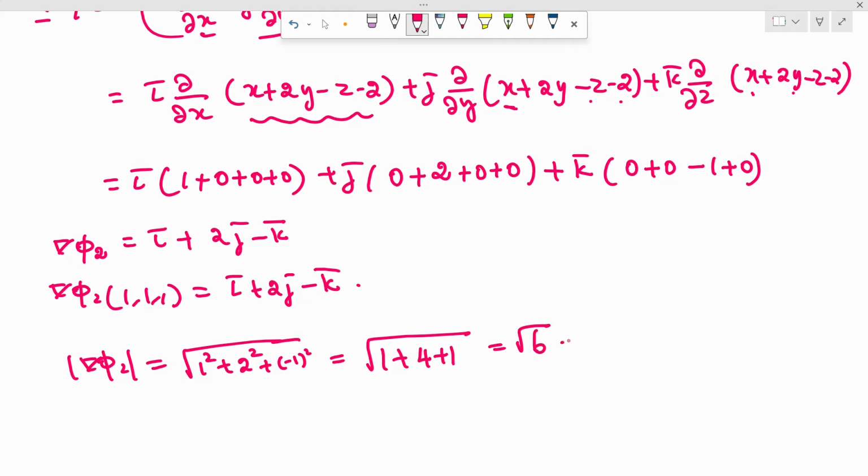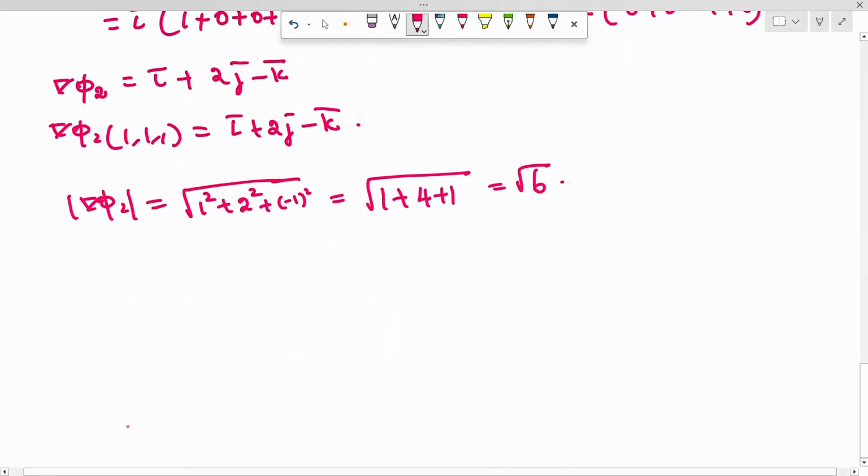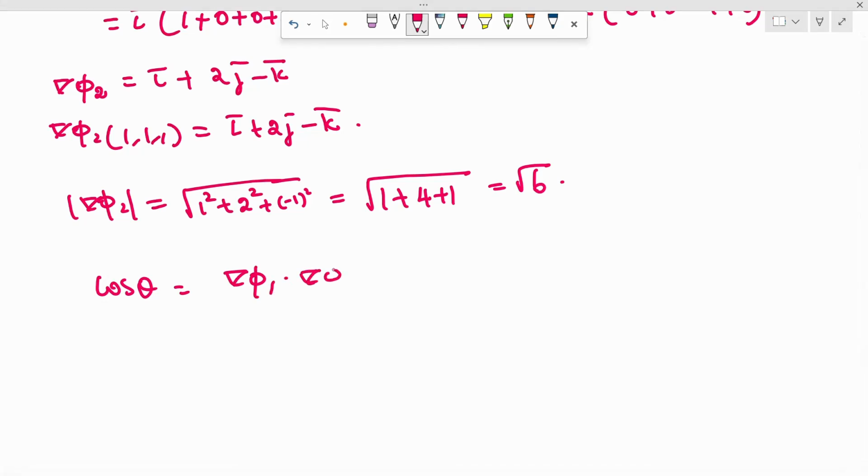Now substitute all the values in the formula. We know that the formula is cos theta equal to del phi 1 dot del phi 2 divided by modulus of del phi 1 into modulus of del phi 2. Substitute here.